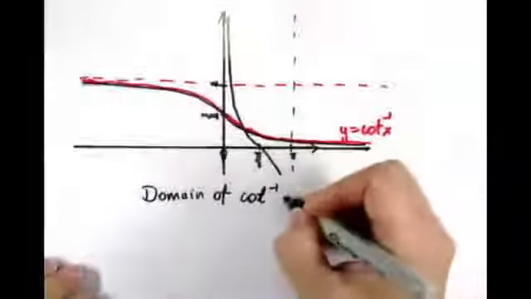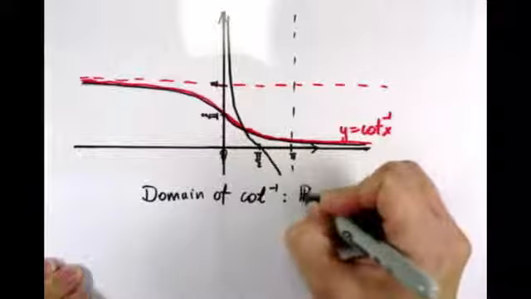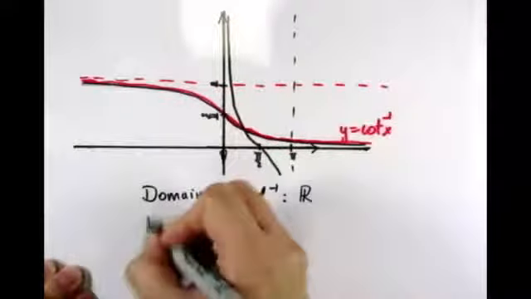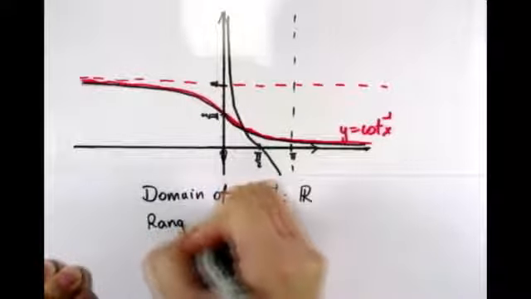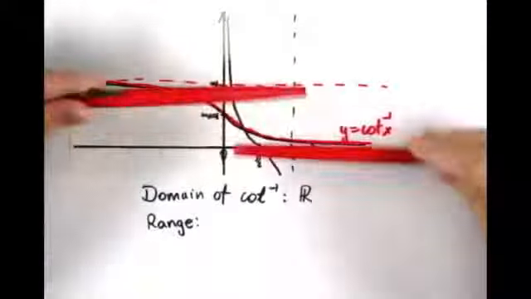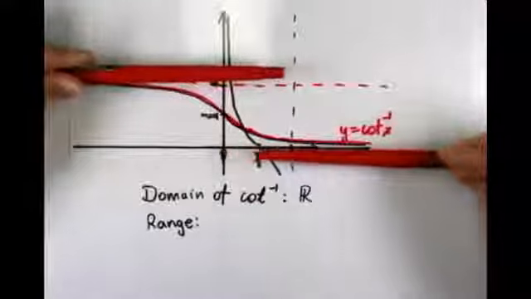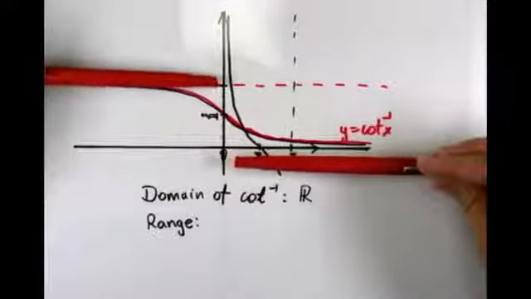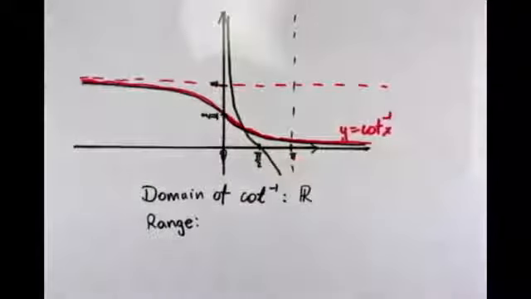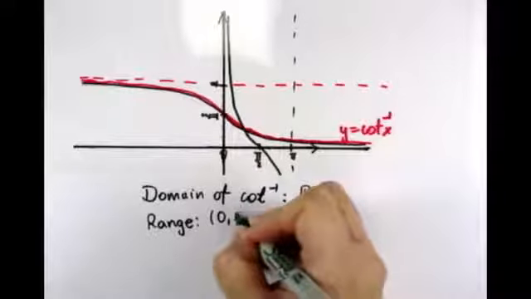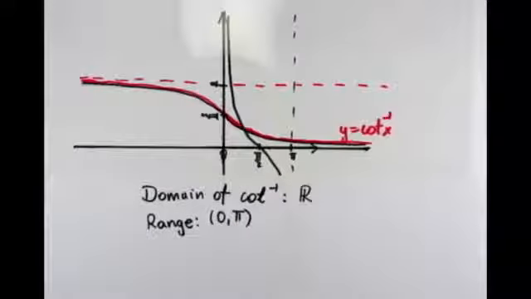So domain is all real numbers, or from minus infinity to infinity. Range of cotangent inverse: range is the window on the y-axis, so my red graph is right here between 0 and up to this point, which is pi. So from 0 to pi. And there are no asymptotes.